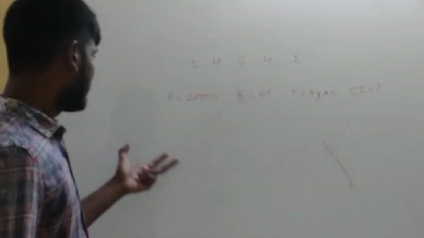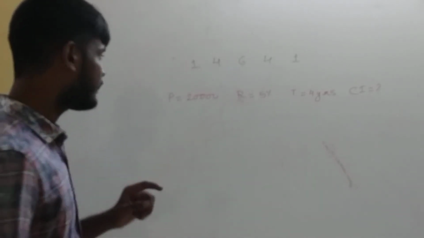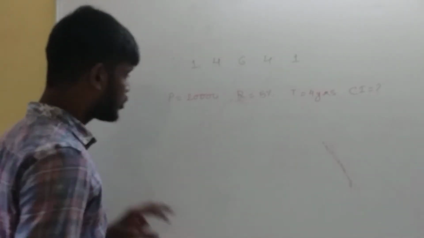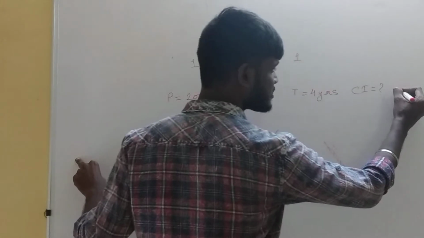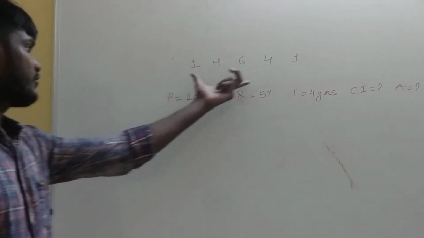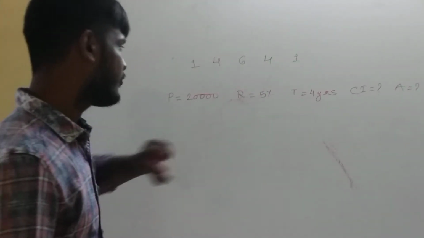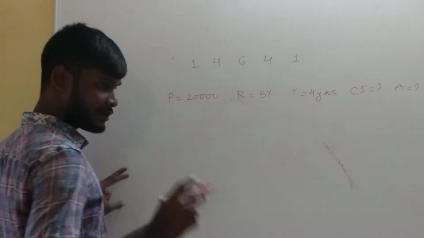Now, remember one thing. If we calculate both the compound interest as well as the amount, we'll calculate both of them from this single number series. Now, how is it done?